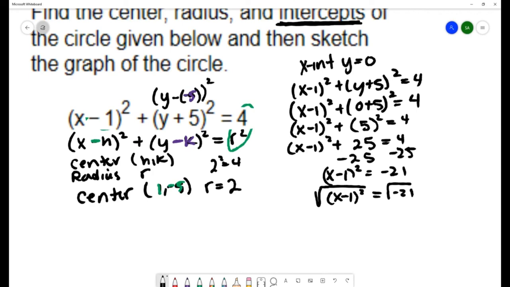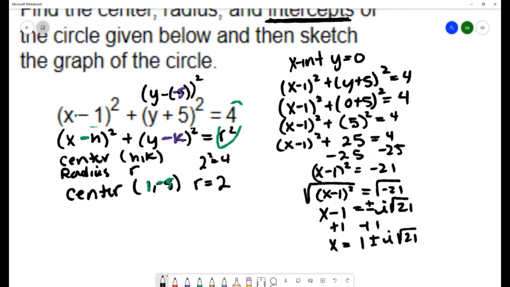The square root and the square cancel each other out, and I've got x - 1 equals the square root of -21. Now that's going to simplify to i square root of 21. I'm going to add 1. That gives x = 1 ± i√21. I left off this plus or minus up here. We get that whenever we square root a square.